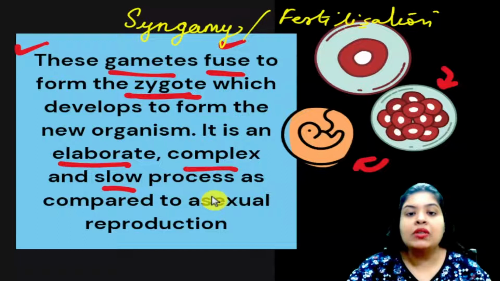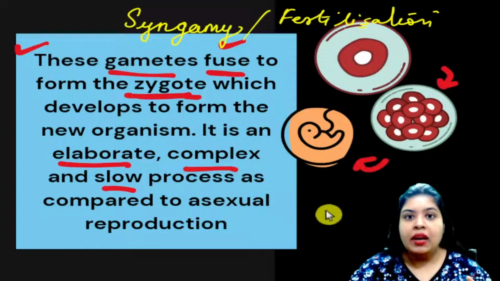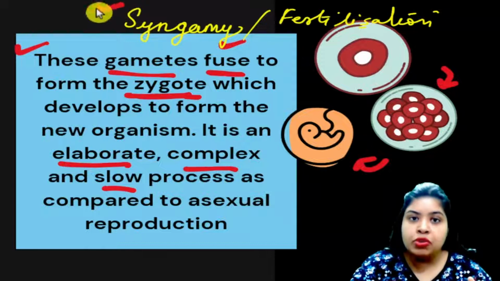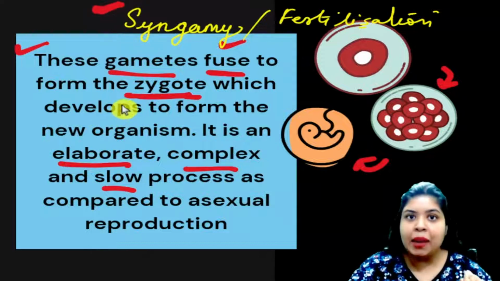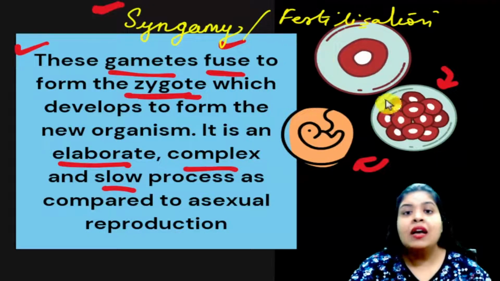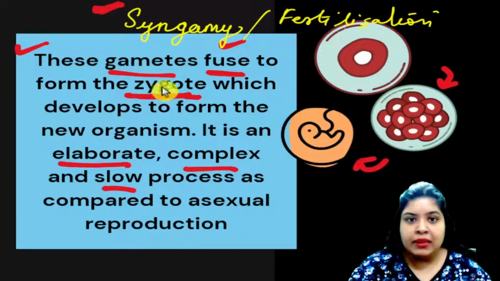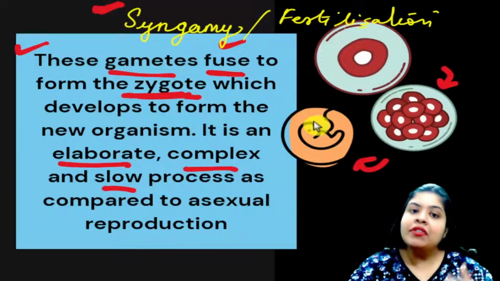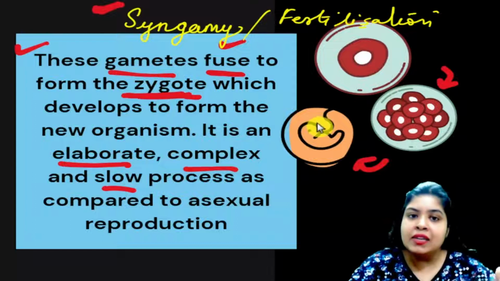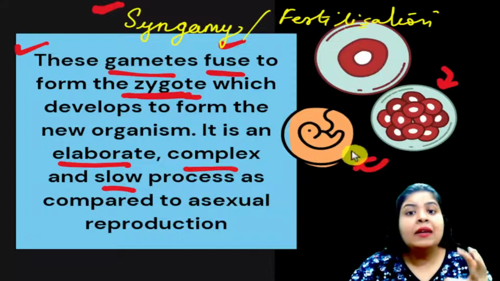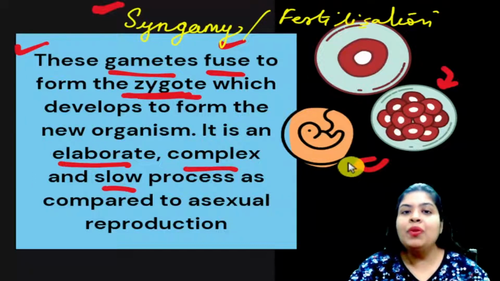So it is a slow process when you compare it with asexual reproduction. First we will have the fusion of gametes, which we call syngamy or fertilization, and the zygote is formed. Now this zygote further develops into the new individual.